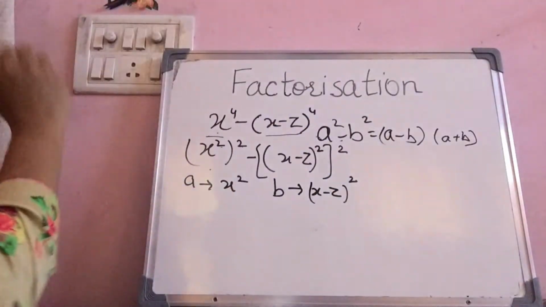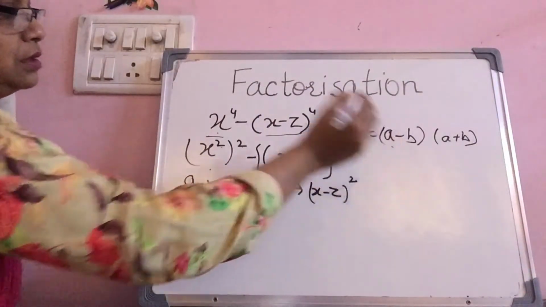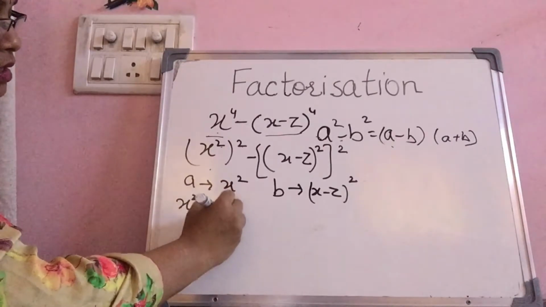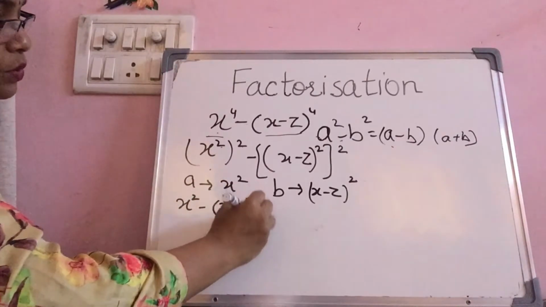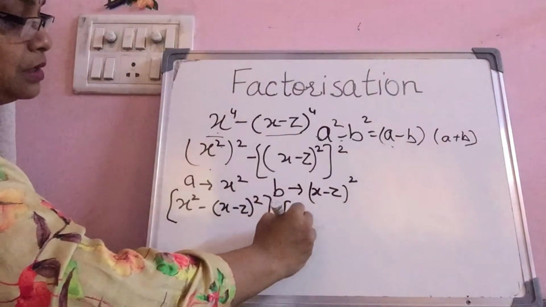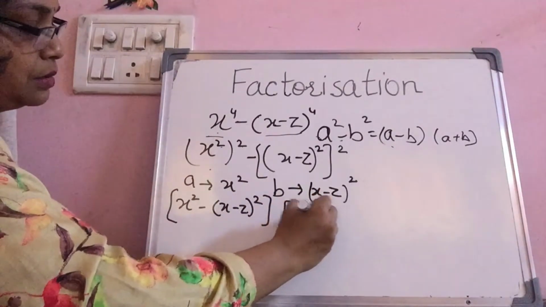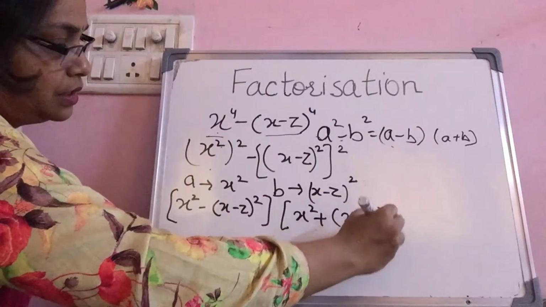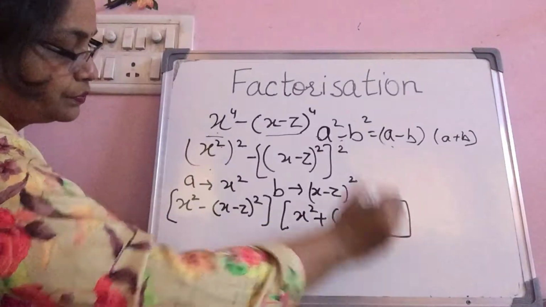Now writing it like right hand side, we have x square minus x minus z whole square in one bracket, and x square plus x minus z in other bracket.